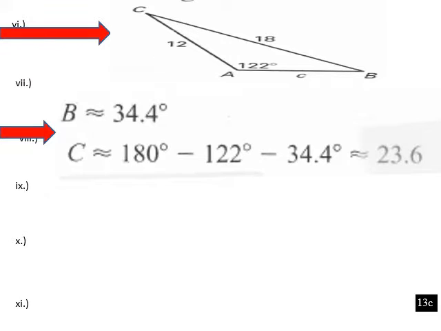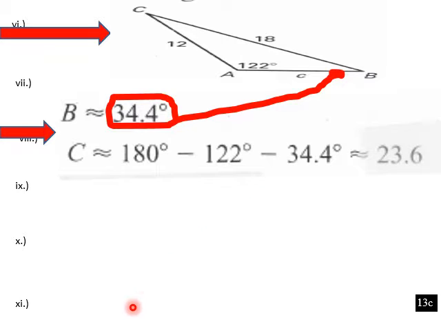Now, using that, C would equal 180 minus 122 minus 34.4, which is 23.6 degrees for C. 180 minus these two angles gives us 23.6.